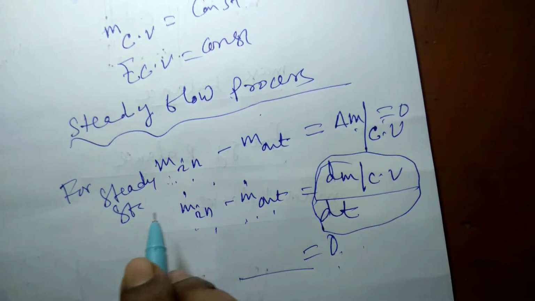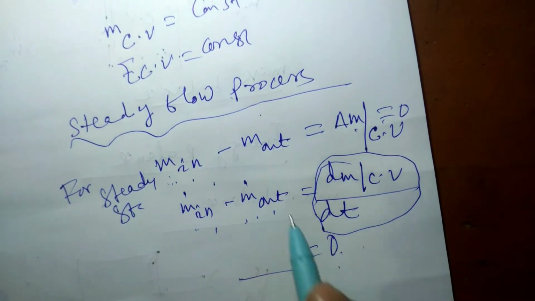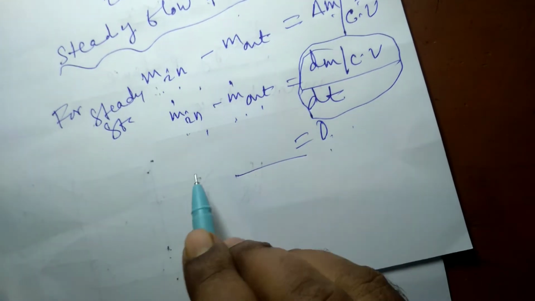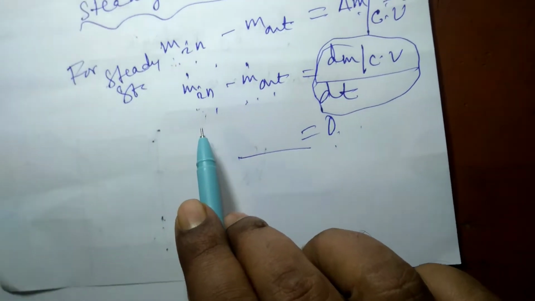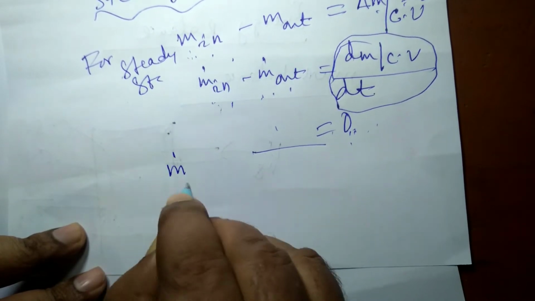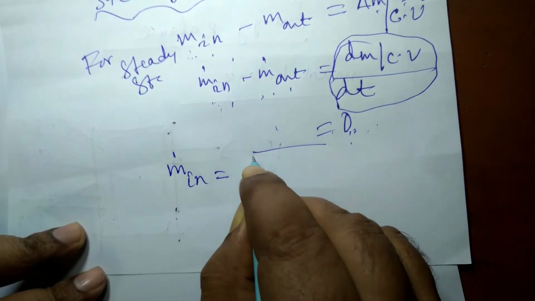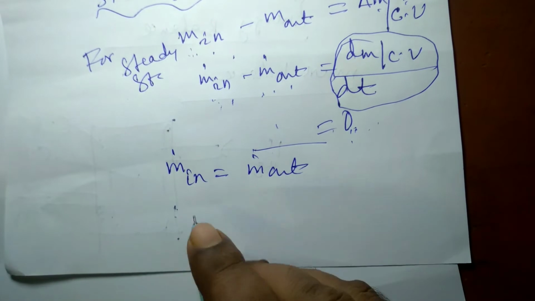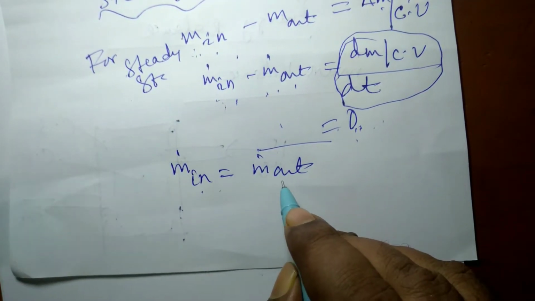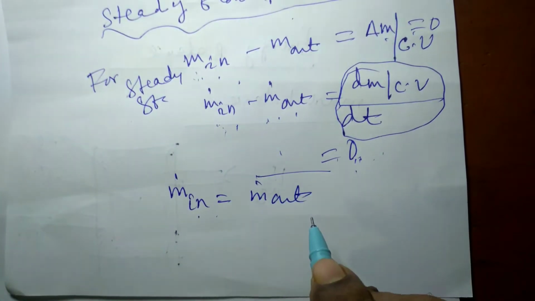This is the mass balance equation for the steady flow process. M dot in equals M dot out. Whatever mass enters the control volume per unit time is equal to the mass leaving the control volume.